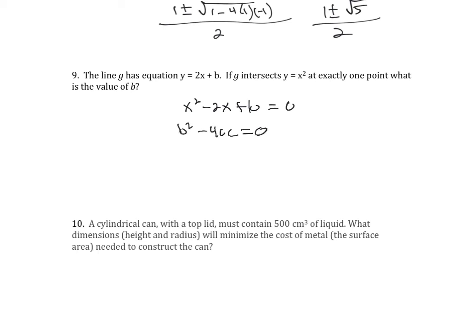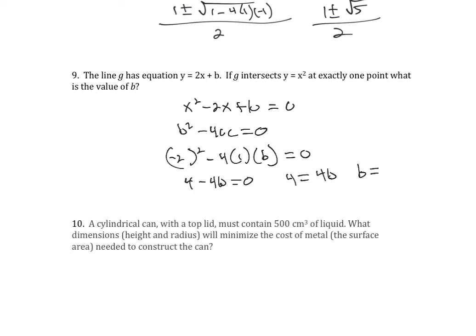In this case, negative 2 squared minus 4 times 1 times b has to be equal to 0, or 4 minus 4b equals 0, so 4 equals 4b. b therefore would have to be equal to 1.